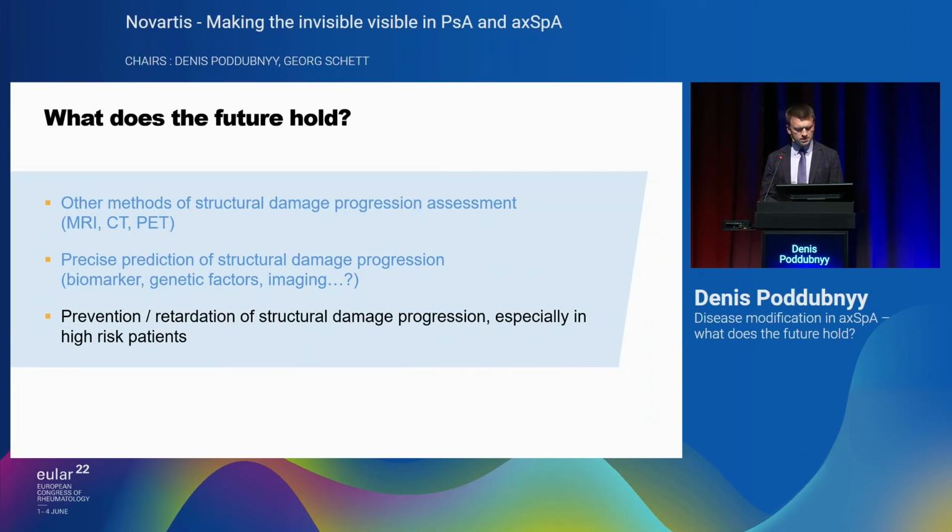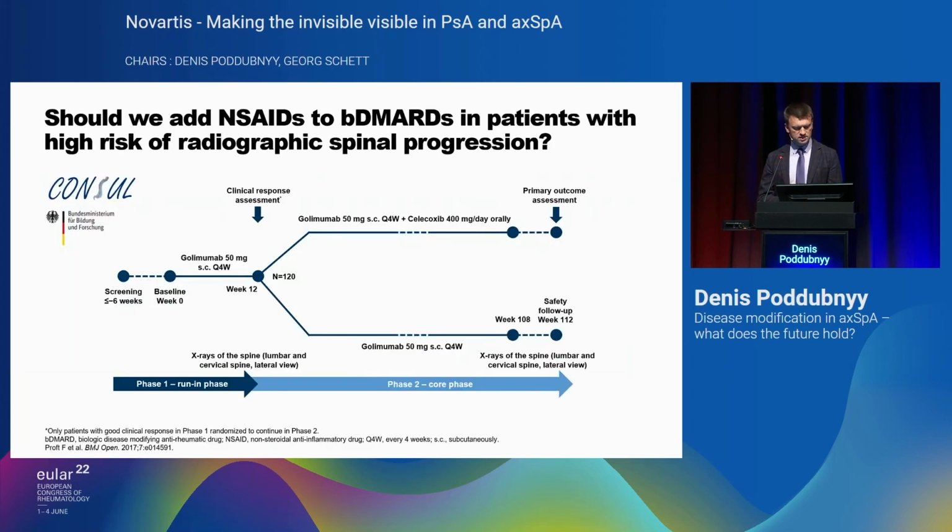So the question is, what do we expect in terms of prevention and the retardation of structural damage progression, especially in high-risk patients? So first, results of the CONSUL study, probably you heard that. We see an effect of additional NSAIDs, but in this study it was not statistically significant.